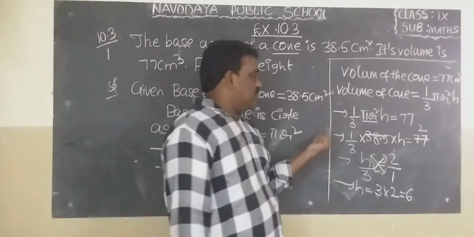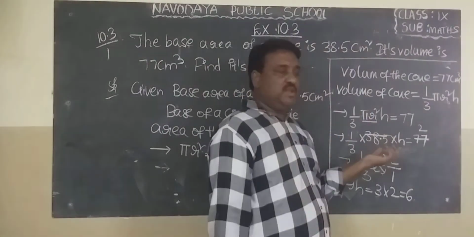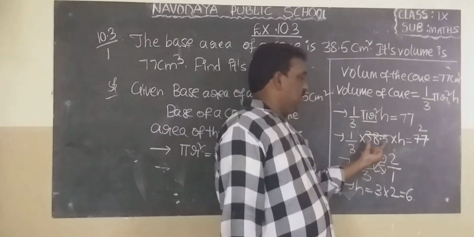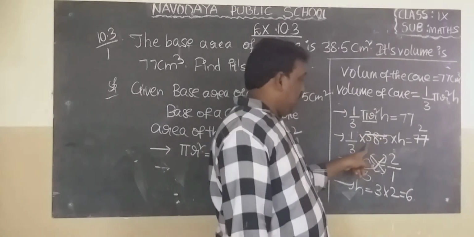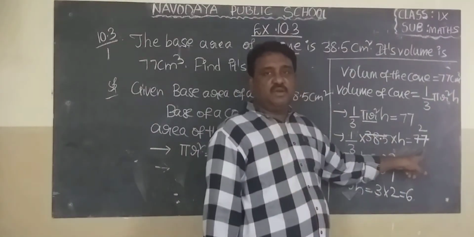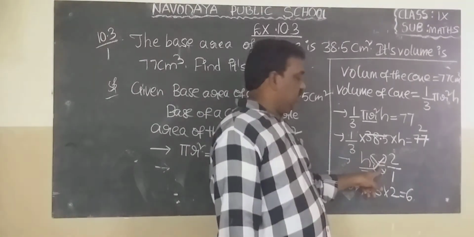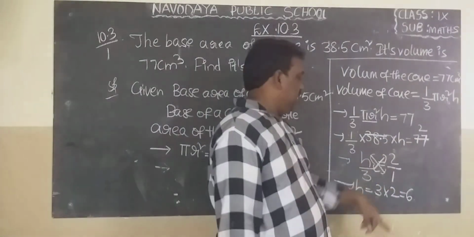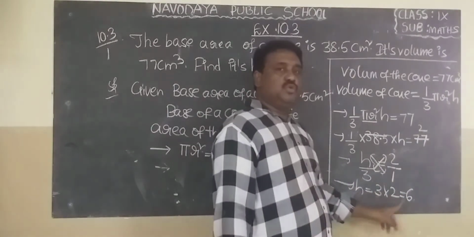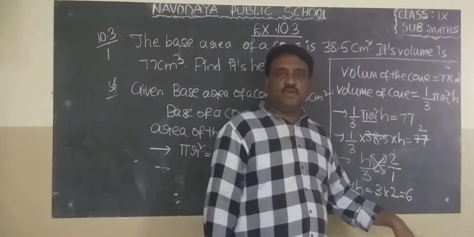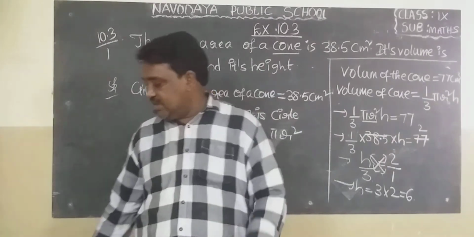Let us equate 1 by 3 pi r square h equal to 77. Pi r square value is 38.5. 38.5 and 77 cancel 2 times. What is left? H by 3 equal to 2 by 1. Cross multiply. H equal to 3 into 2, which is 6. Therefore, height of the cone equal to 6 centimeters.